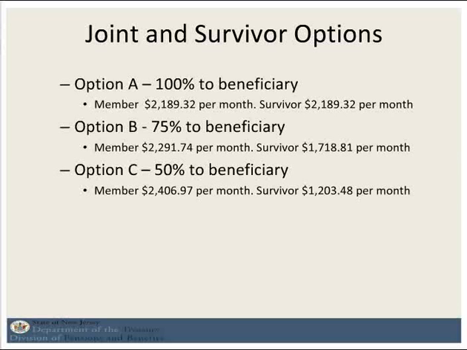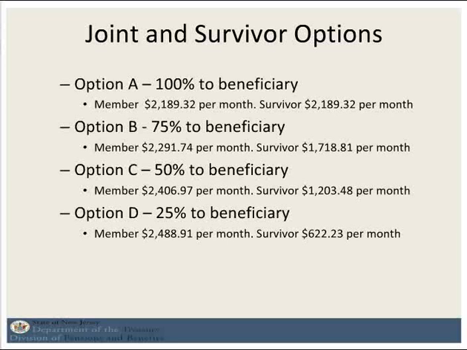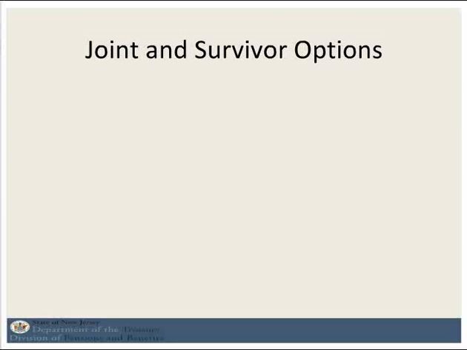Option C, which is 50% to a beneficiary, paid the member $2,406 a month and paid the survivor $1,203 a month. Option D, which is 25%, paid our member $2,488 a month and the survivor $622 per month.